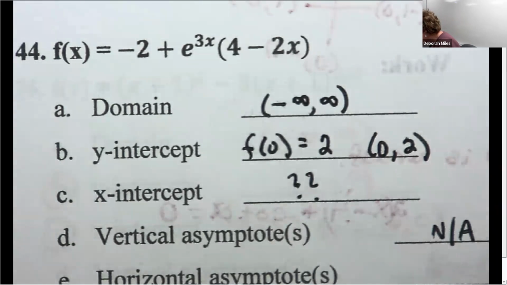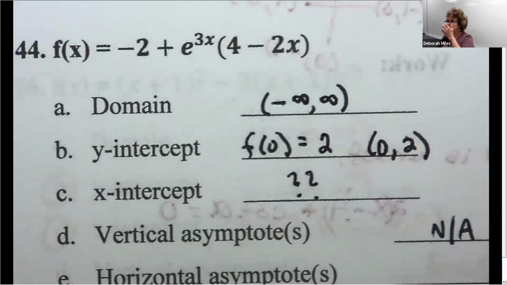So how are we going to find the horizontal asymptotes? All we had for asymptotes was that rule for rational functions, which are quotients of polynomials. Look at the degree of the numerator and degree of the denominator. How else could we find horizontal asymptotes without running it on the calculator?